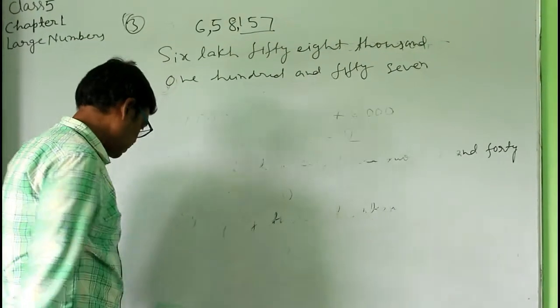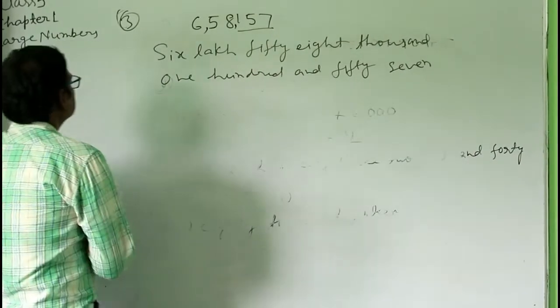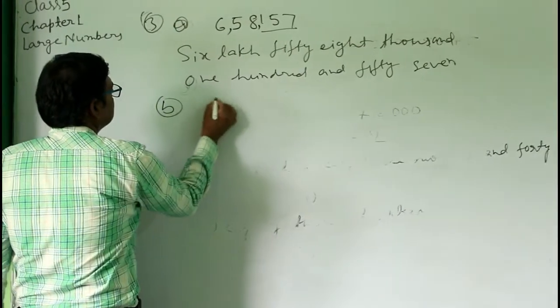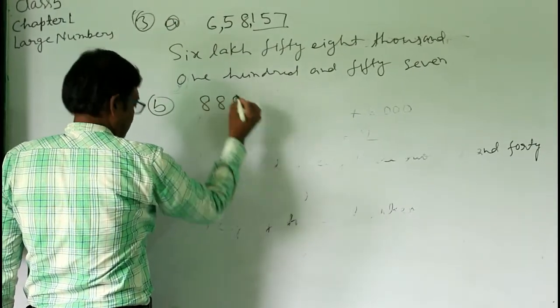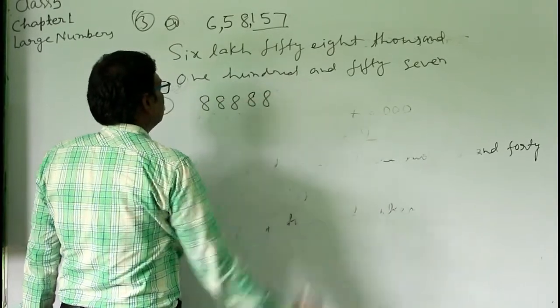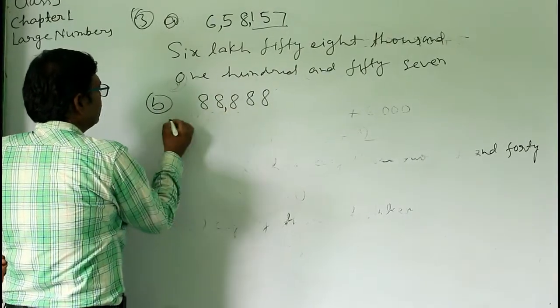So this is the answer. The next number, or I will take the last number. The last number is, in this case, this is the number A, and the next number is this here. So right in this, the name will be 88,000.